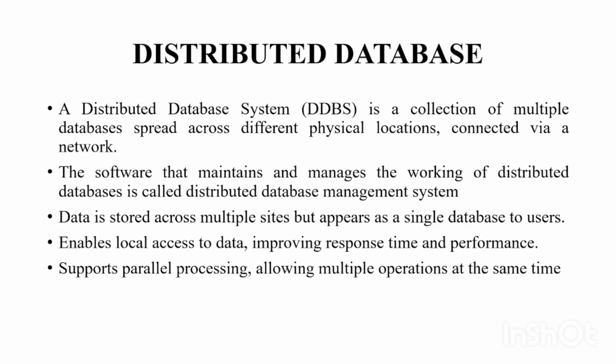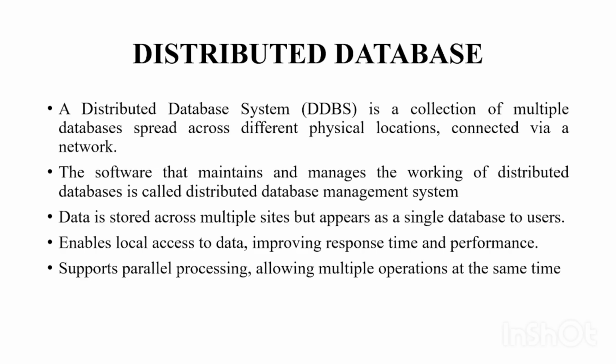A distributed database means data is stored in multiple computers or servers at different places, but it works like a single database. Data is spread across locations, all systems are connected, and users can access data as if it is in one place.